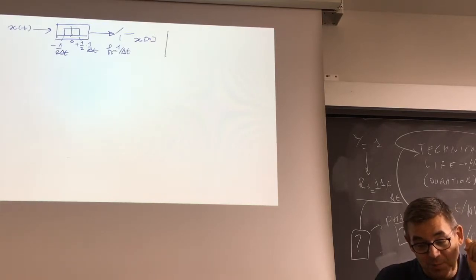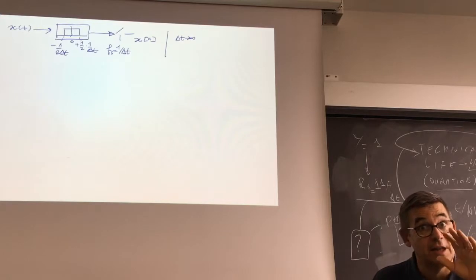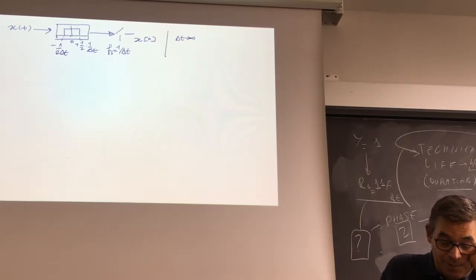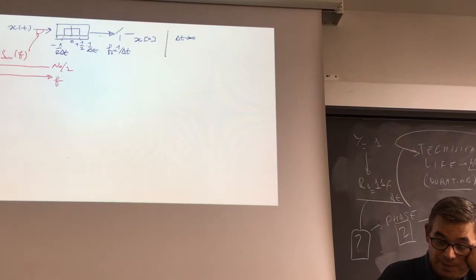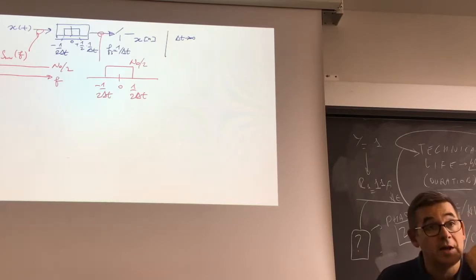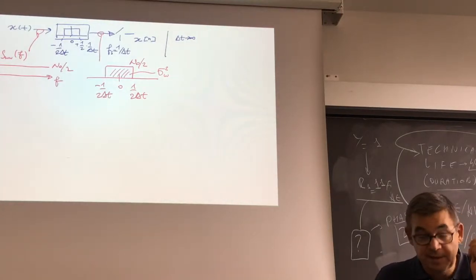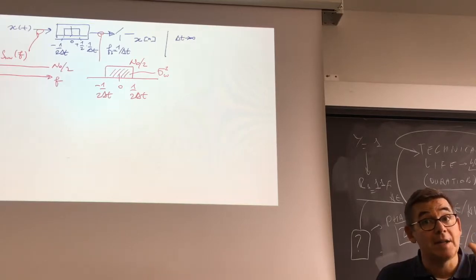But remember, my experiment is with a certain delta t, because at the end of the story I take delta t and make it go to 0. Now, that means that if the noise here has a power spectral density of N0 divided by 2, limited between minus 1 over 2 delta t and 1 over 2 delta t, then the power of the discrete time noise, sigma squared w, is simply N0 divided by 2 multiplied by the bandwidth, which is 1 over delta t.